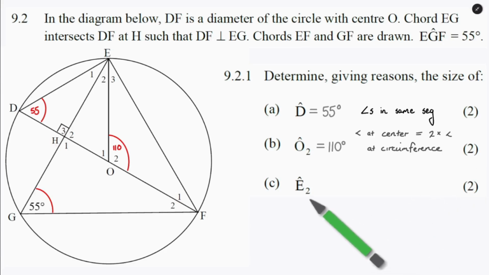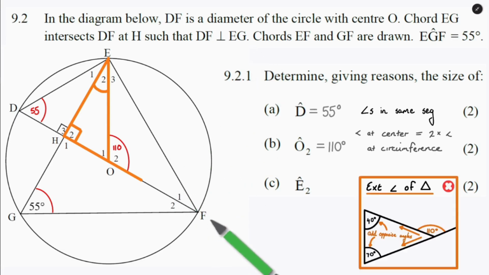Next up, we need to get the size of E2. E2 is over here, and what I'm noticing is that it is inside of a triangle we know quite a lot about. We know what this exterior angle is, and we know this opposite interior angle is 90. They told us that earlier in the question by saying DF is perpendicular to EG.